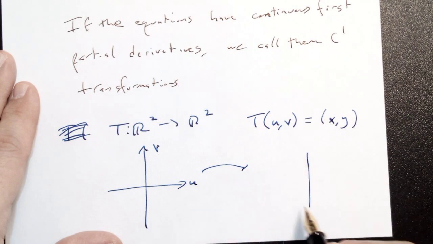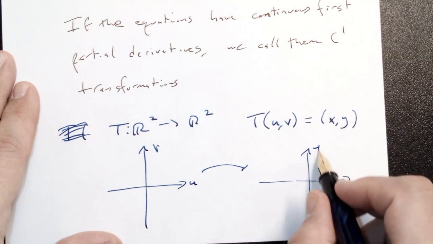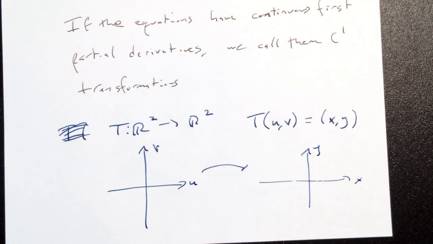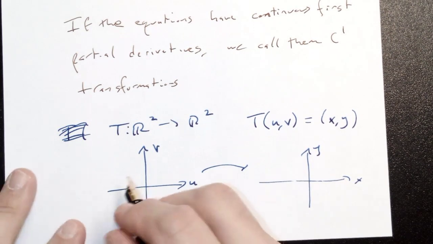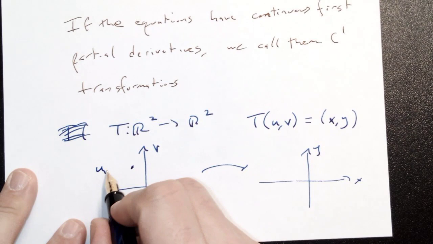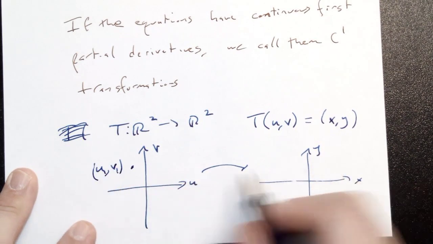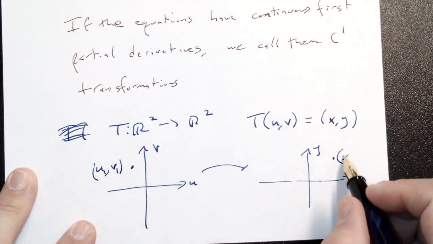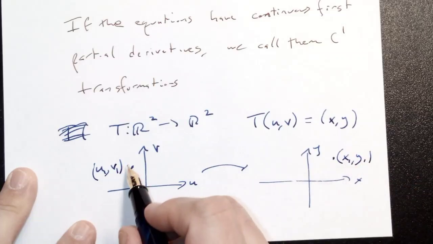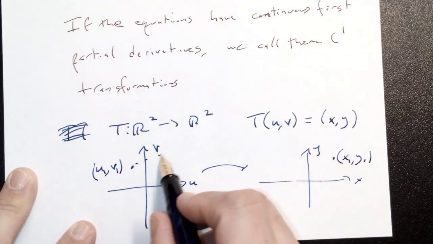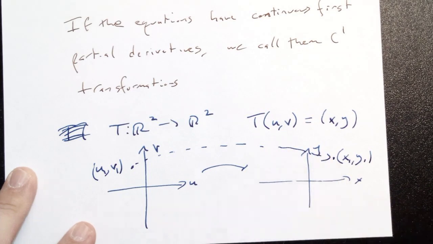My transformation spits out an XY plane. And if I have a point over here, U1, V1, then over here, I'll have a point X1, Y1, and that's the image on the right side from the pre-image on the left side.